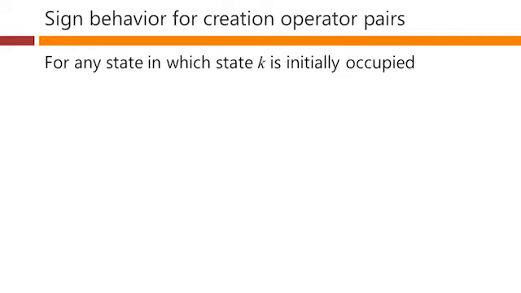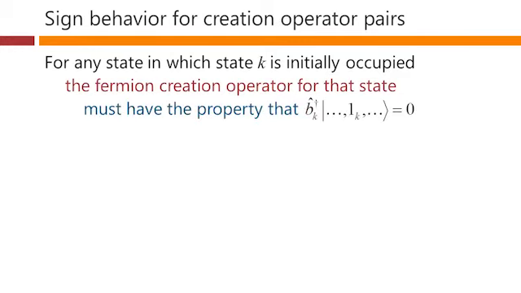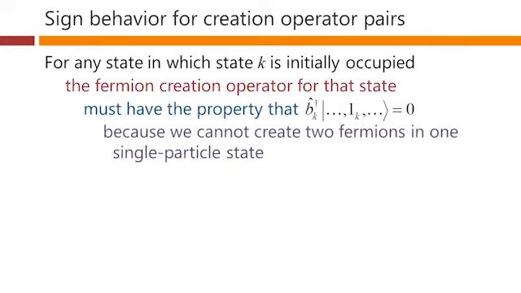For any state in which K is initially occupied, the fermion creation operator for that state must have the property that bk dagger acting on this state gives us 0, or a state with 0 length in the Hilbert space. Because we cannot create two fermions in one single particle state.